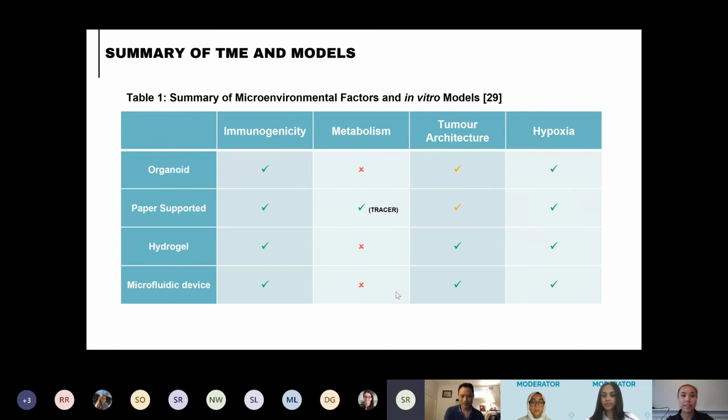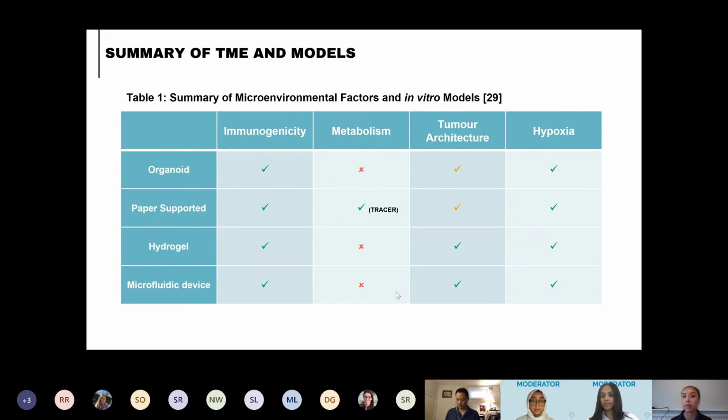That's a great question. Thank you for asking. In terms of immunogenicity, just for the fact that it is usually so heavily used by immunologists, the most likely model that they are going to use is an organoid co-culture, as I discussed in my presentation.